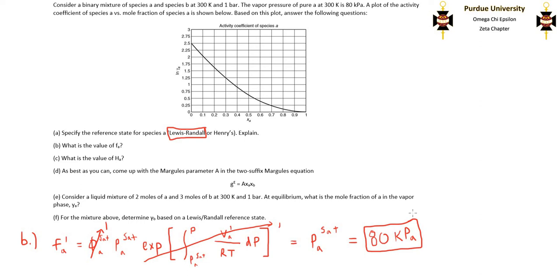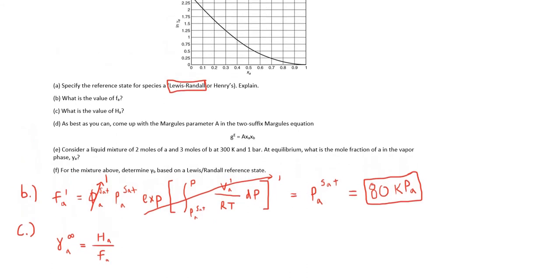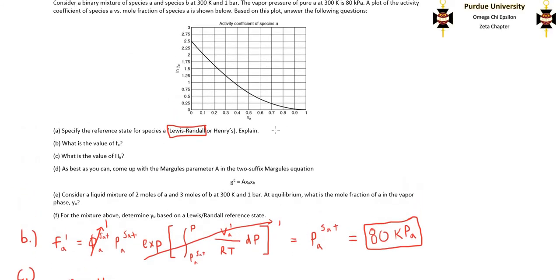Part C asks us what is the value of HA. I'm going to solve this using equation 7.75 in the text, which says that the activity coefficient of species A at infinite dilution is equal to HA over fA. From the plot that they gave us, we can find the activity coefficient of A at infinite dilution. So at infinite dilution, XA is going to be 0.